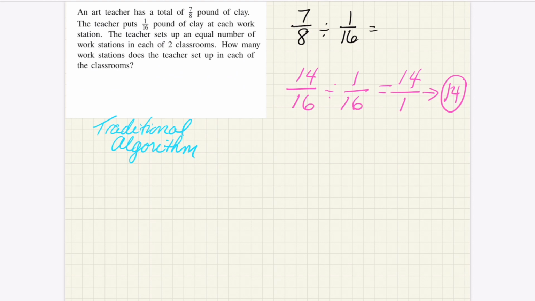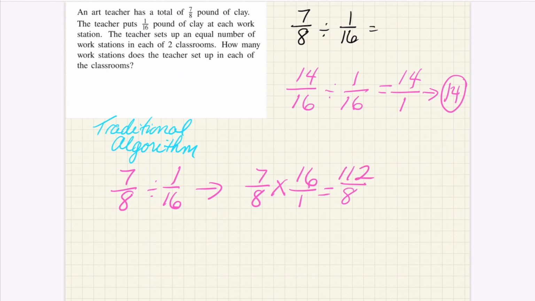And I can try the traditional way. 7/8 divided by 1/16 is the same as 7/8 times 16/1. Oh God, this already looks really ugly. I'm going to take my calculator out again just to do 7 times 16, and I'm getting 112.